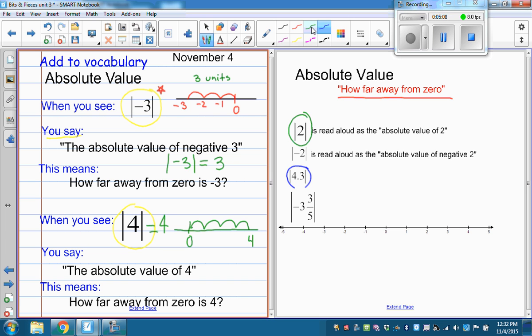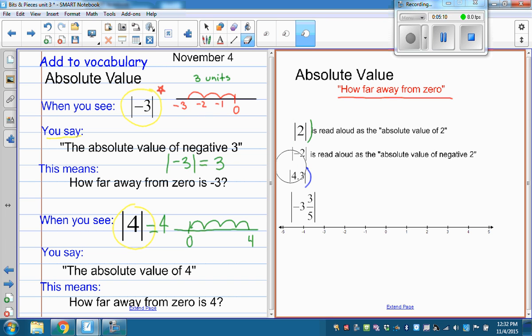So looking over on the right side of the paper, when we look at the absolute value of 2, and we think about it on the number line, it's 2 jumps away from 0, it's 2 units away.